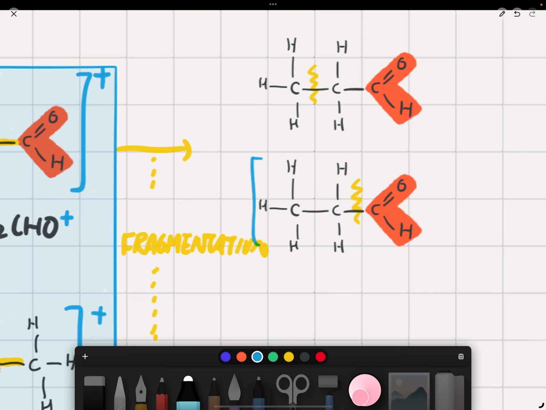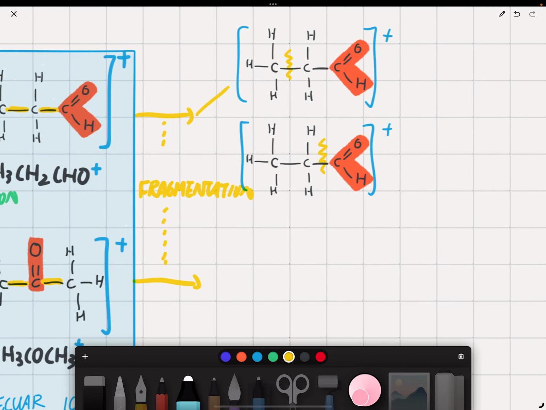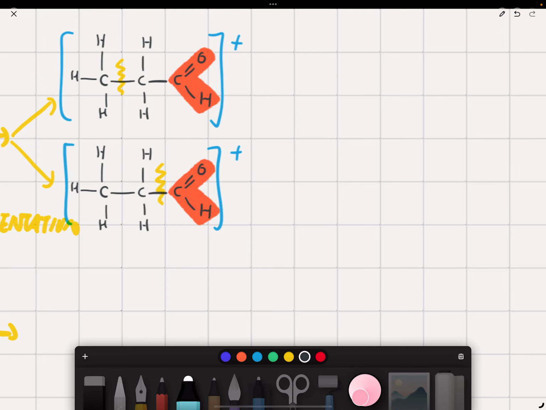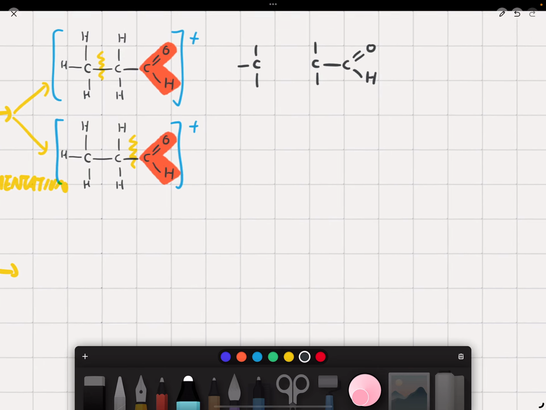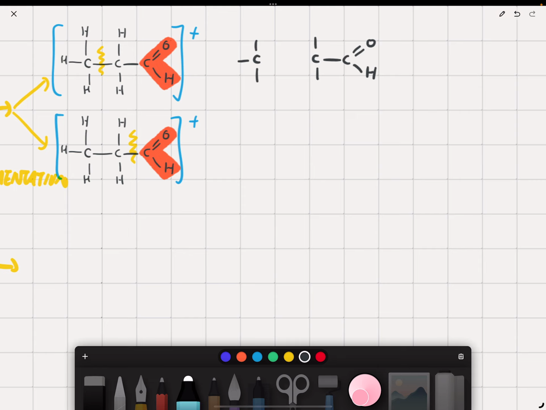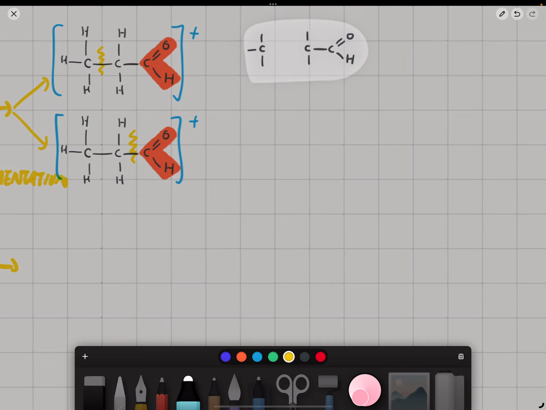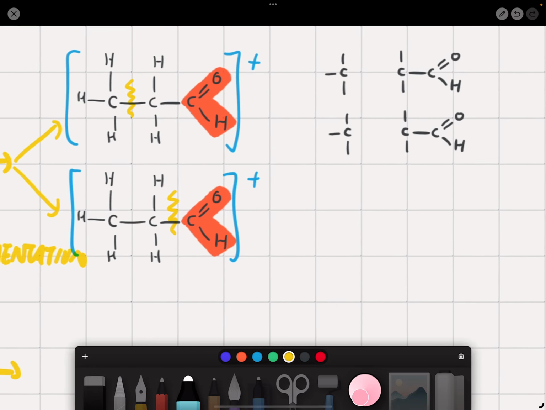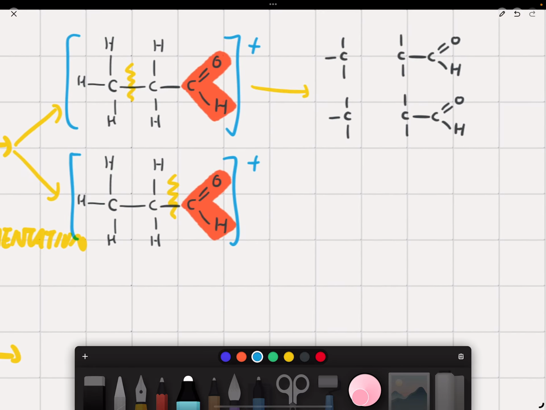So if it breaks at the first position, there will be two possible fragments formed. You'll either have CH3 or CH2C double bond OH formed. So these are the two fragments that you get when you split up the CC bond at this position. And like we discussed before, either of these fragments can get the positive charge, either the left-hand side fragment or the right-hand side fragment.